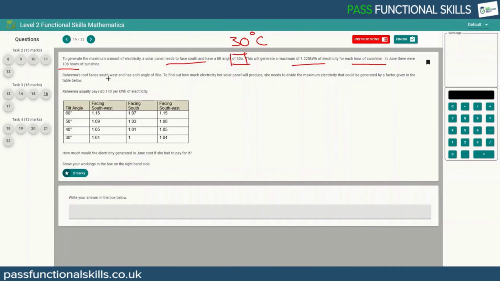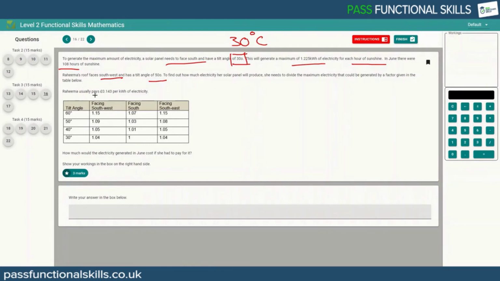Rahima's roof faces southwest instead of south, and has a tilt angle of 50 degrees, not 30 degrees. So, to find out how much electricity her solar panel will produce, she needs to divide the maximum electricity that she could potentially generate under the optimal conditions described here by a factor given in the table below.